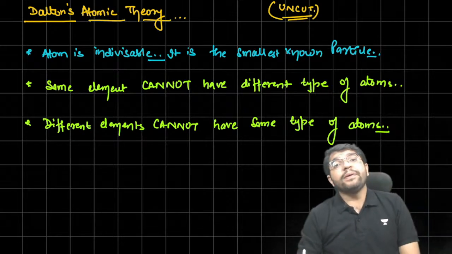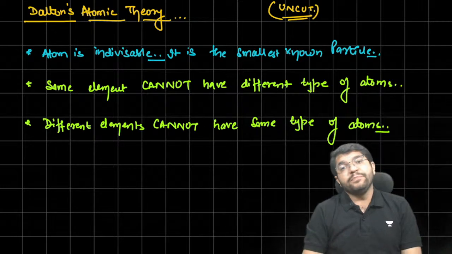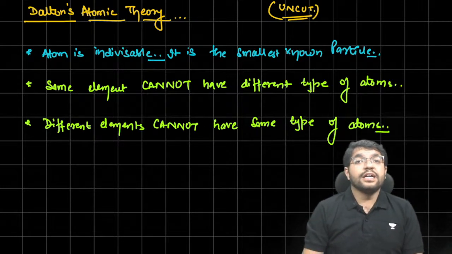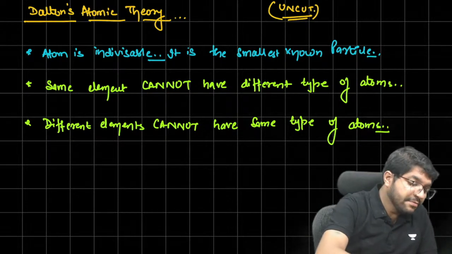So these three typical clauses were given by the first theory of atom, which was called Dalton's theory.